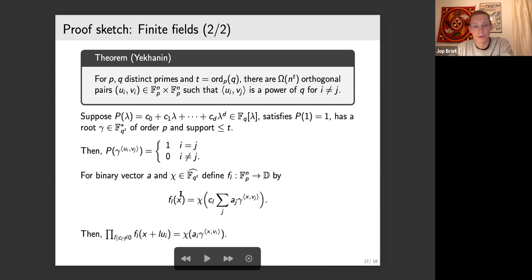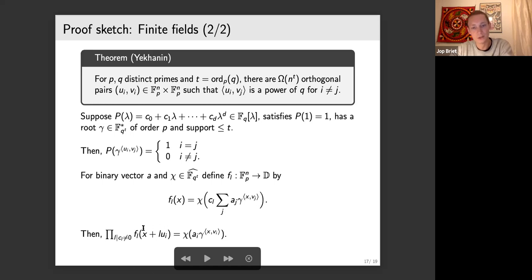These functions have the property that if you multiply them, but only those that correspond to indices in the support of the polynomial, and you evaluate them on patterns in direction ui, where the coefficients correspond to the non-zero monomials of the polynomial.